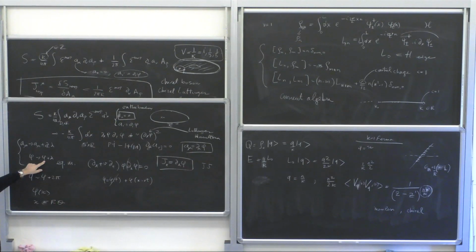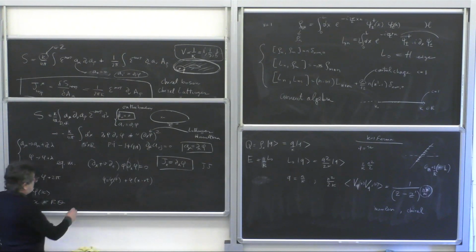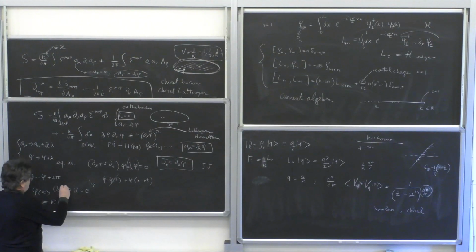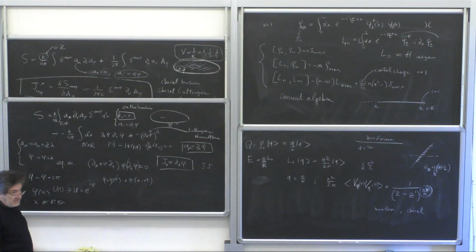Because a large gauge transformation u is e to the i phi, and u belongs to U1, it is a phase. We saw this many times.